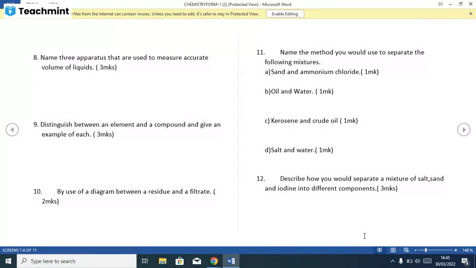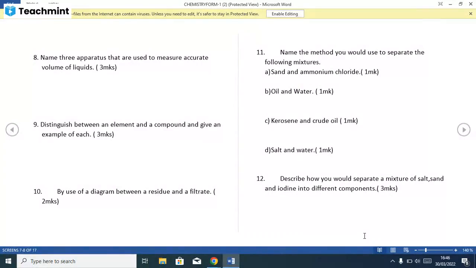B, oil and water. By use of a dropper. Or use of the separating funnel.